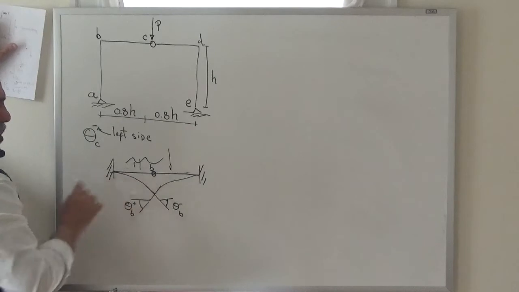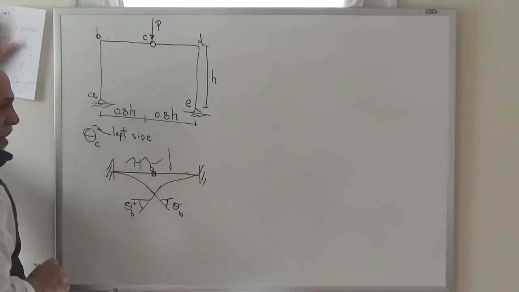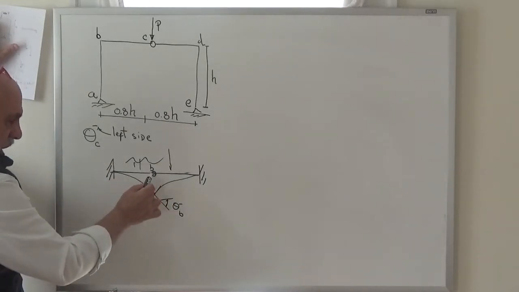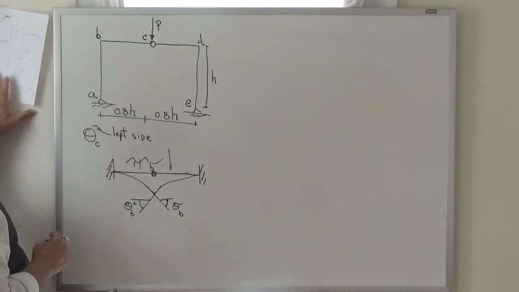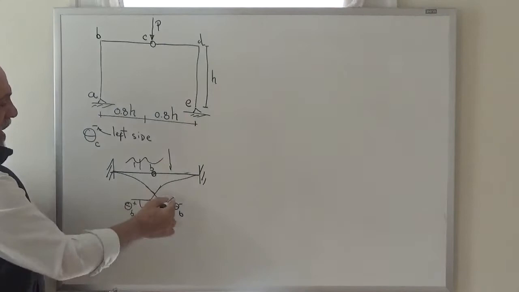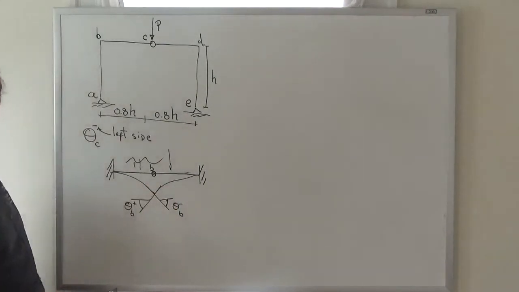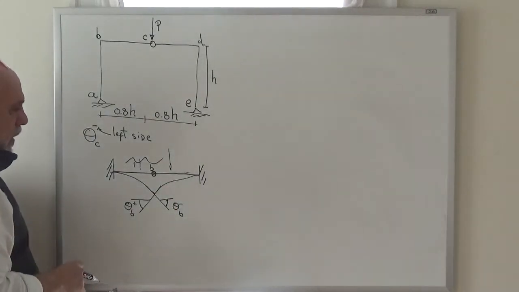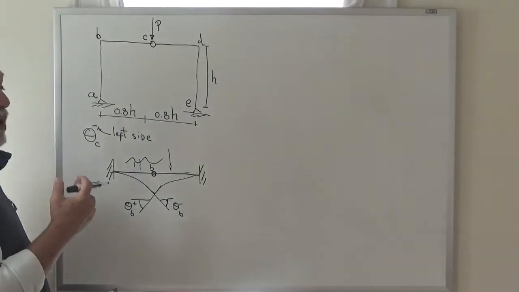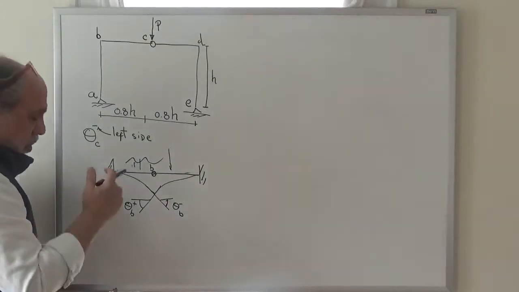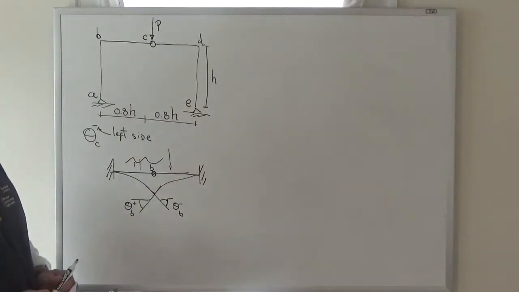So at the location of hinges, moments are zero. Here, you cannot transmit moment from one side to the other of the hinge. And because you can't transmit moments, slopes are discontinuous, okay? I mean, by chance, by coincidence, in some cases, you may have a continuous slope, but that's just by chance, right?